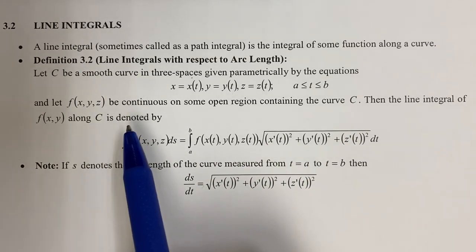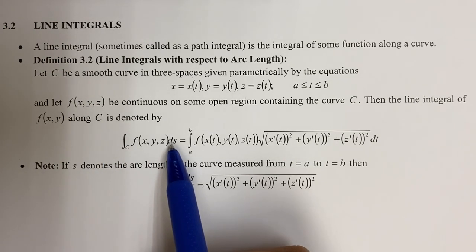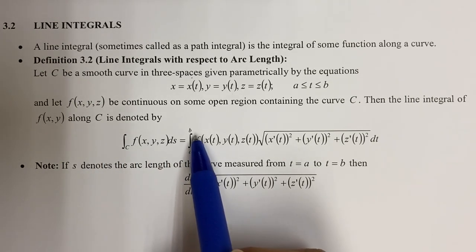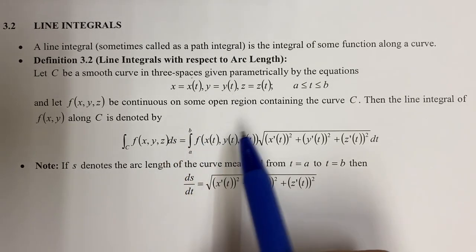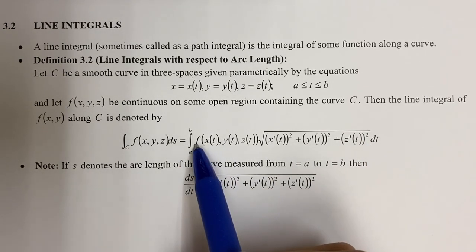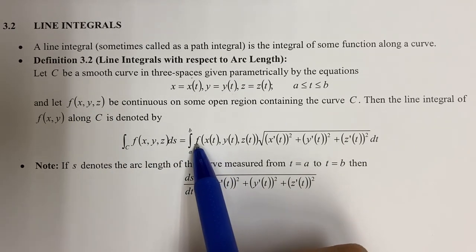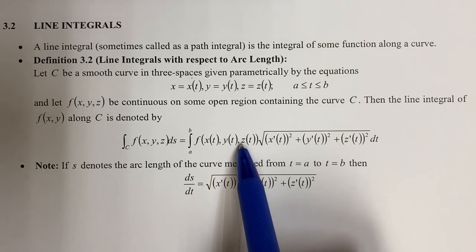the integral over C of f(x,y,z) ds, which can be written as the integral from a to b, where a to b is the limit for t, because you do the integration with respect to t. Instead of f(x,y,z), you write f in x(t), y(t), z(t).